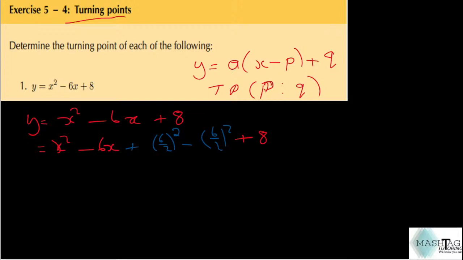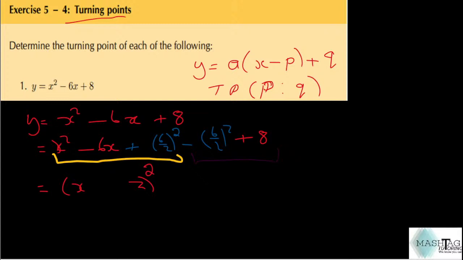Once you're done, from here it's easy because you just need to factorize this right here, and then you can deal with the rest with the calculator. To factorize, you put x there and square it, and then define what this is. 6 over 2 is 3, so you put that 3 in there.